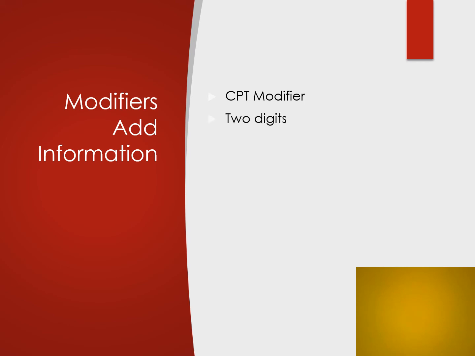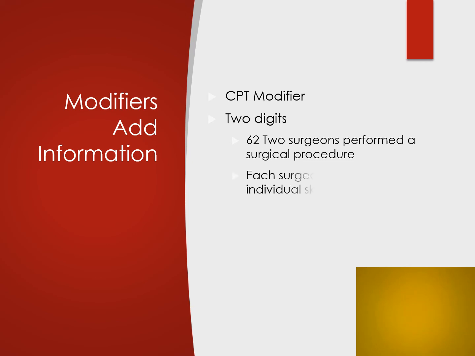So here we go. CPT modifiers are 2 digits. You will see those at the back of the hard cover of your CPT coding book. For example, 62 is 2 surgeons performed a surgical procedure. Each surgeon will apply his or her individual skill.